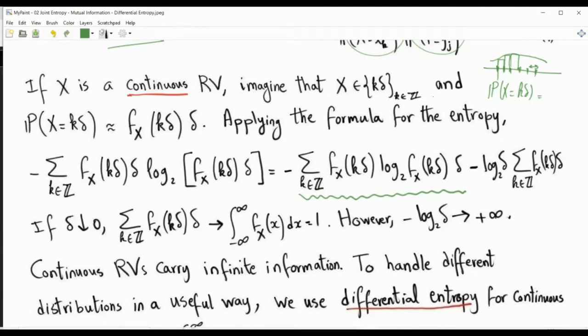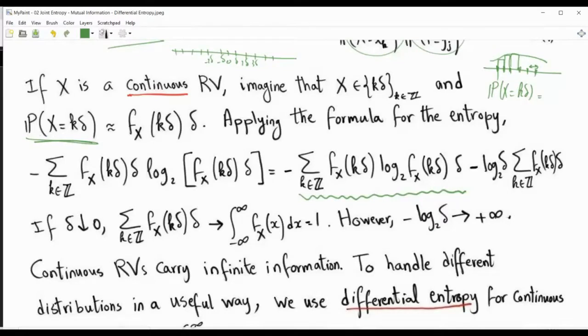But here we will discretize. We take a delta that is positive, and we say the probability that x is equal to k delta. You take your axis and chop it into intervals of equal length delta: 0, delta, 2 delta, 3 delta, and minus delta, minus 2 delta.